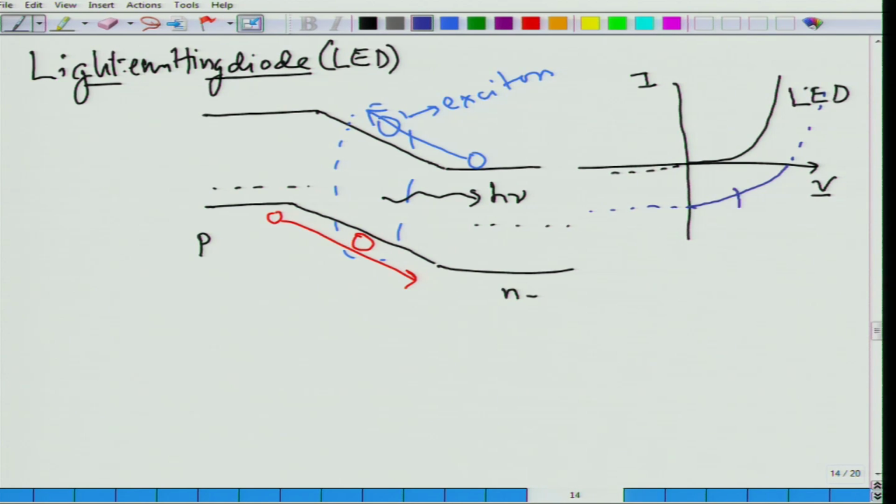This is for the solar cell. So, this is a very simple device, a PN diode, but a very useful device for making light emitting diodes, which are used in many applications today, and solar cells, which are seen as the next alternative generation of energy.